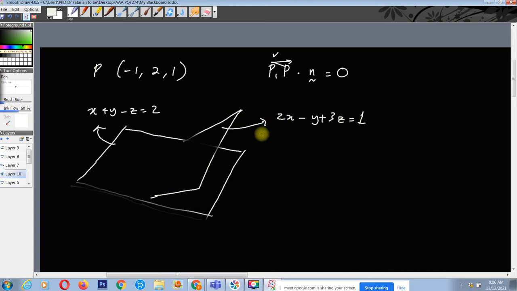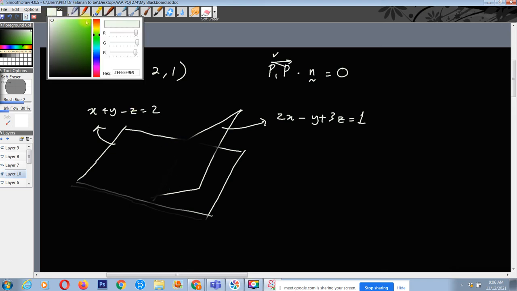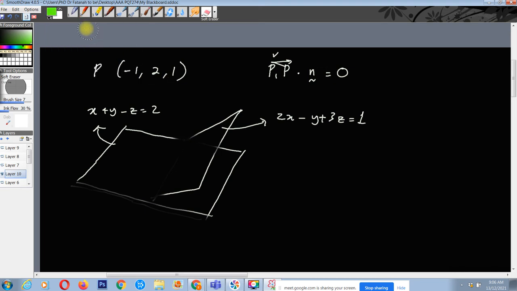Okay, so now find the equation of the plane that passes through the line of intersection. So how to find the line of intersection here? We have a line of intersection here.